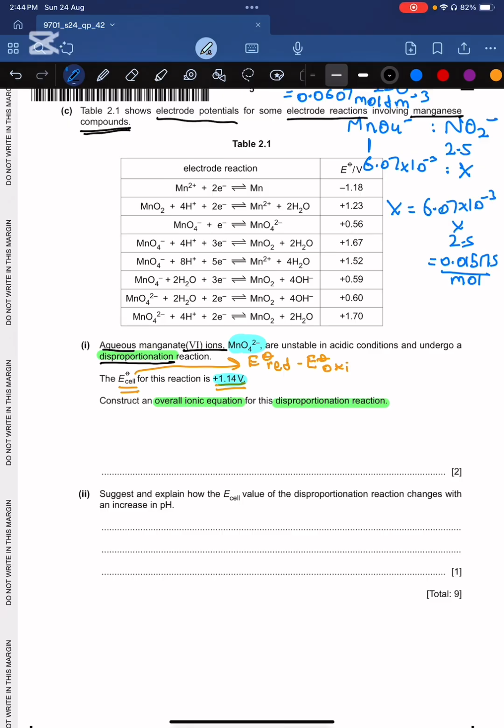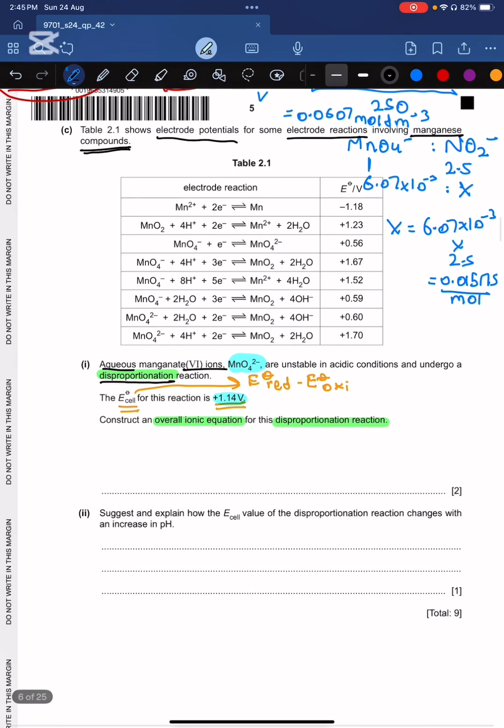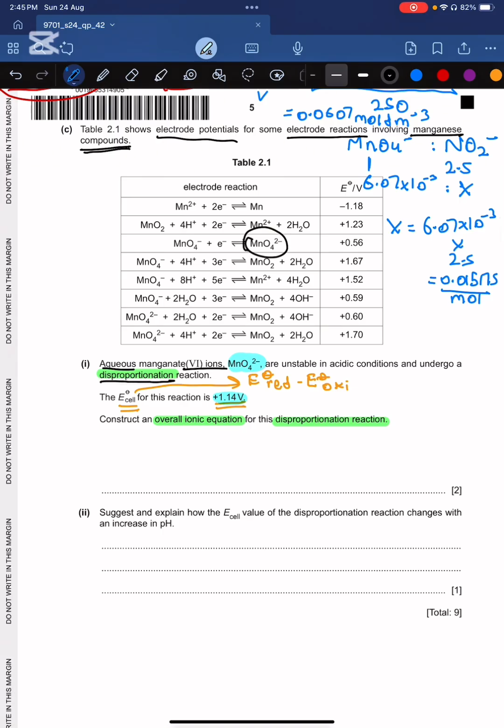In one reaction, MnO4 2 minus will be reduced, and in the other reaction, MnO4 2 minus will be oxidized. Now, reduction and oxidation are two opposite reactions. What does that mean? If I go from here to here, this is gaining of electrons, this is reduction. But if I go backwards, this is oxidation.